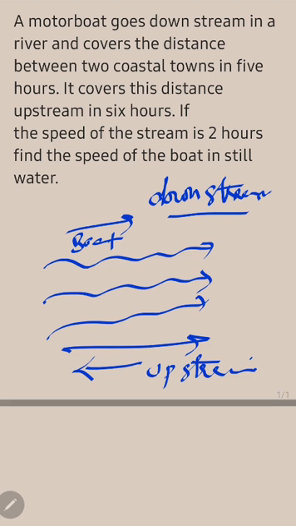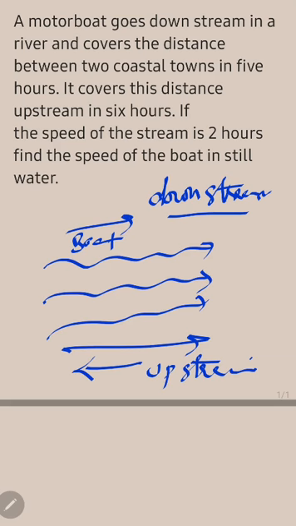But when the boat is traveling upstream, the speed of the boat is resisted by the speed of the stream, because of the opposite direction. So that is the concept we have to know first of all.